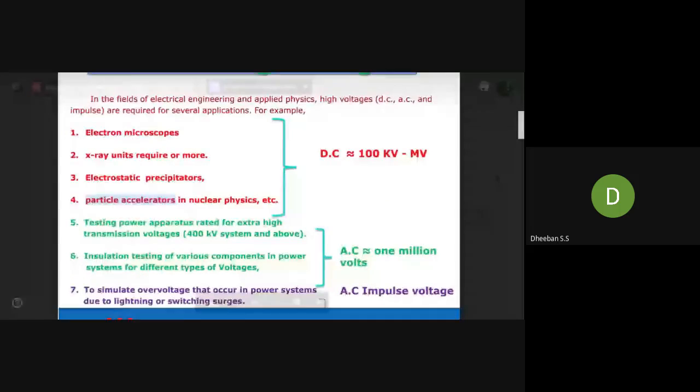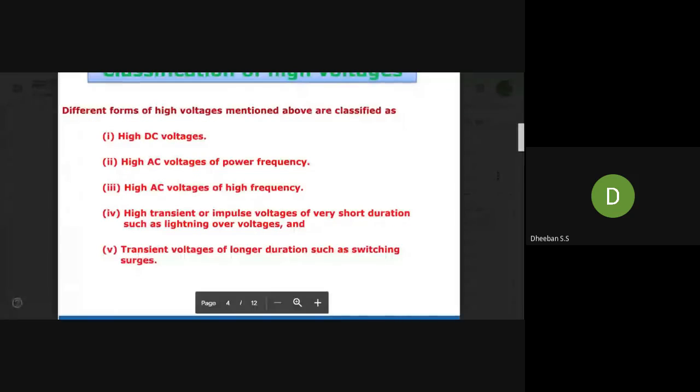The second one is high AC voltage of power frequency. I have already told you about power frequency. Power frequency is nothing but the frequency which you use for domestic purposes, which is your 50 hertz. So next is high AC voltage of very high frequency. That is, apart from power frequency, anything above that will come under the third category.